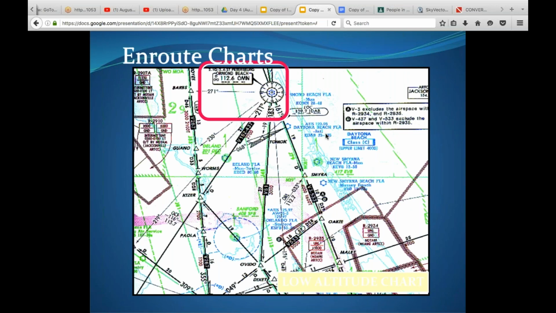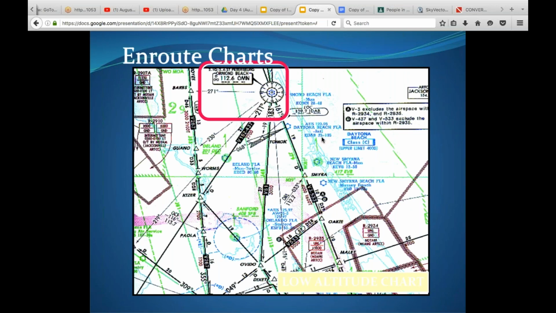Starting on the top part of that box, where it says Ormond Beach, that's the name of the VOR. It's the Ormond Beach VOR.